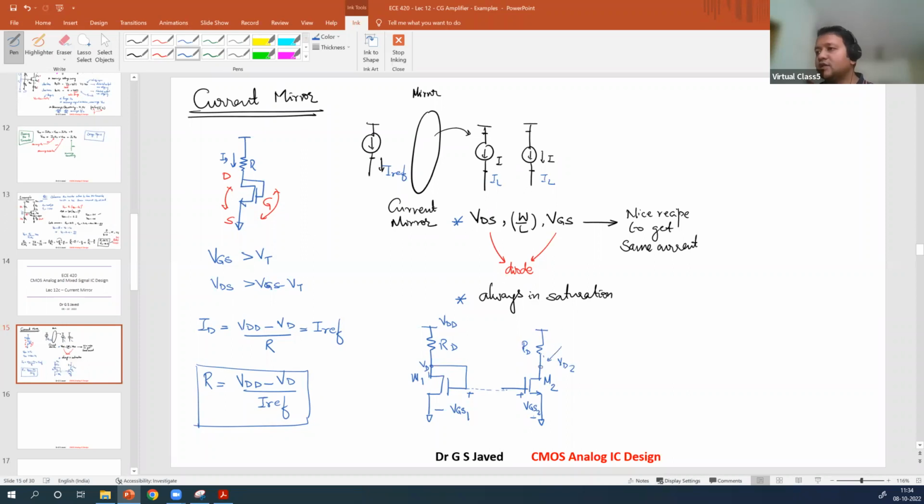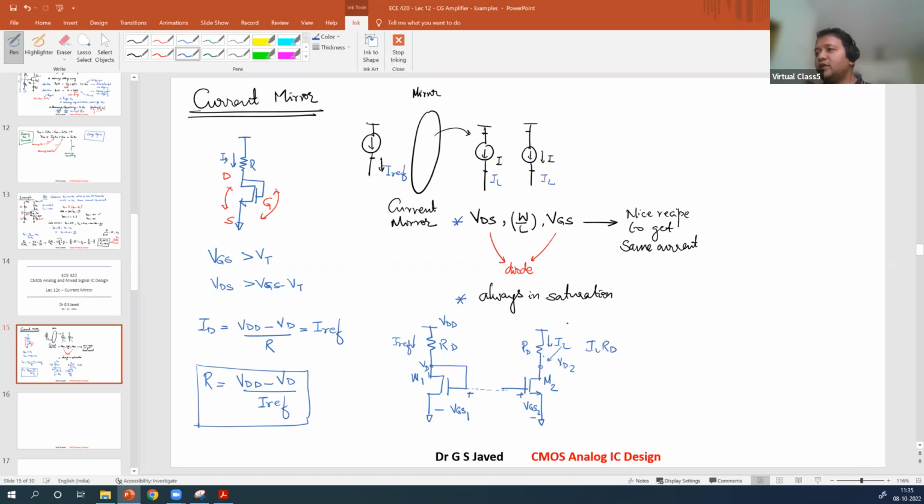So you can replace this resistor with the same value RD. If you put the same RD value here, then your drop across this RD is fixed. This is going to be IREF, so the drop across this resistor is IREF times RD. The drop across this resistor will be IL times RD.